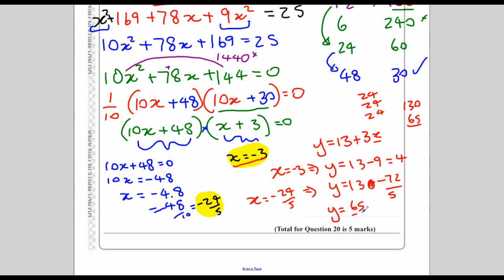So 65 over 5 minus 72 over 5, that means y is minus 7 over 5.